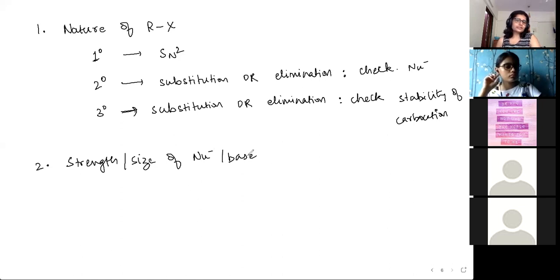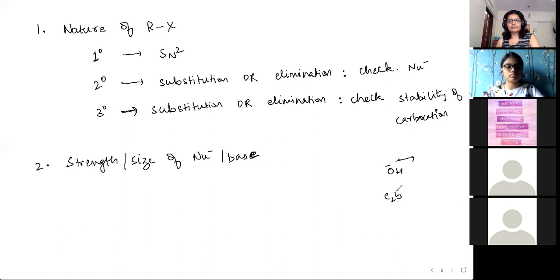In the case of alcoholic KOH, OH minus is not your attacking species. The base that is formed, which is much stronger than OH minus, is the one that's going to attack, which is why it's resulting in elimination. Really strong base. The size also: OH minus, just 2 atoms long, can just replace the halogen atom.